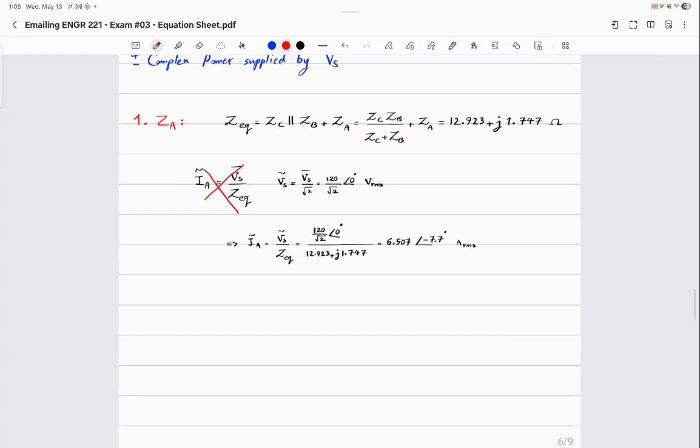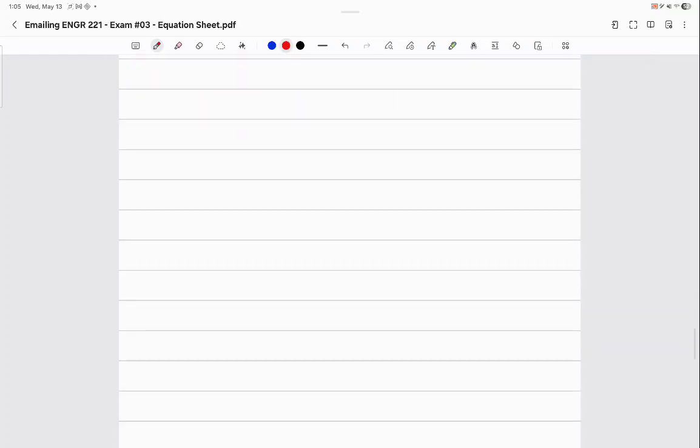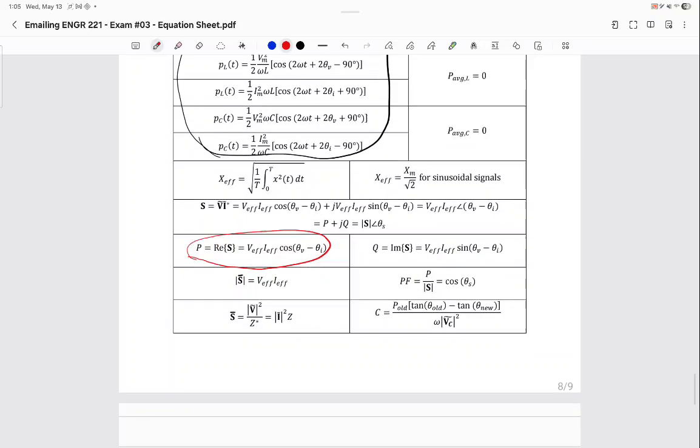I have only current and impedance. What if I use this equation? Is it going to give me average power? No. But if I use this equation, what quantity will I find? Complex power.